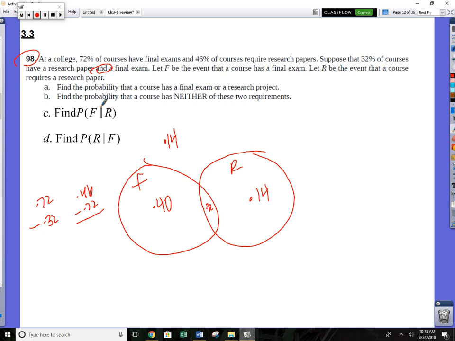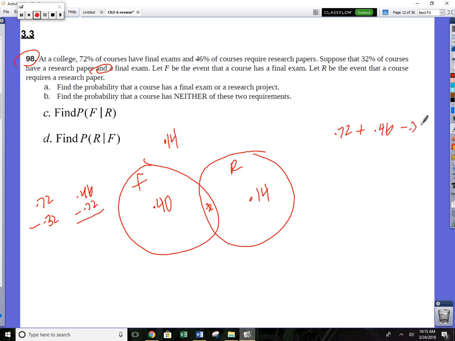Okay, so find the probability that a course has a final or a research. So you got to take the final, 72%, plus the research, which is 46, but you got to subtract these double counted. You have to subtract the intersection.